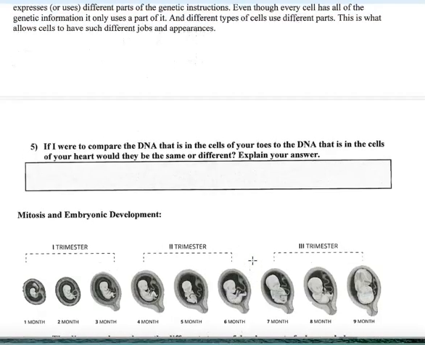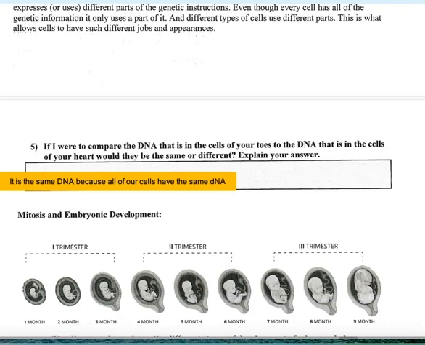So if I were to compare the DNA that is in the cells of your toes to the DNA that's in the cells of your heart, would it be the same or different? Well, hopefully you said it's the same. It is the same DNA because all of our cells have the same DNA except sex cells, sperm and egg.